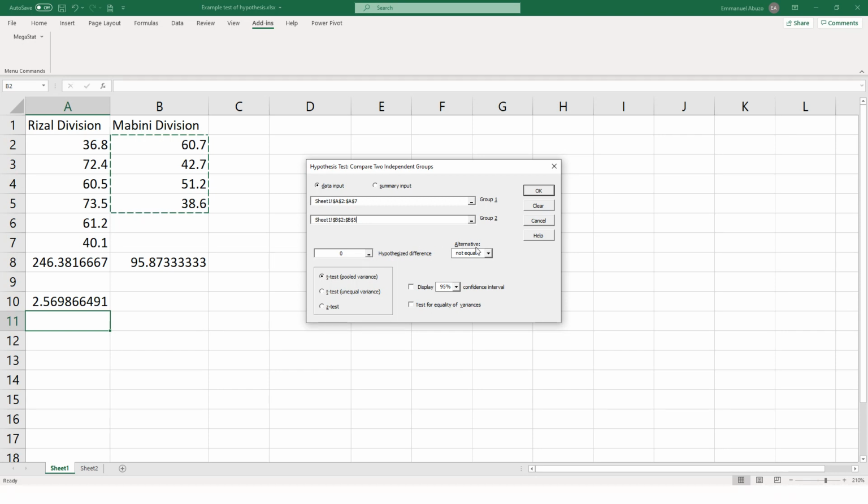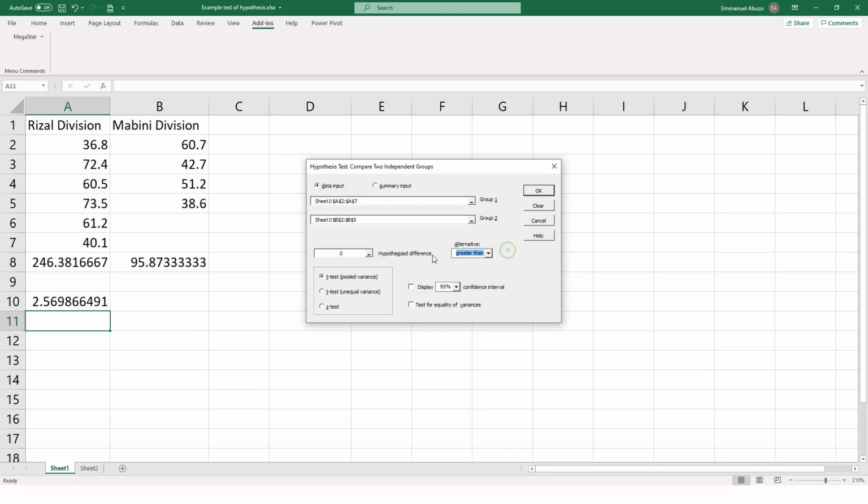The alternative is not equal. If the alternative is not equal, meaning it's two-tailed. If it is greater than or less than, then that is a one-tailed test.